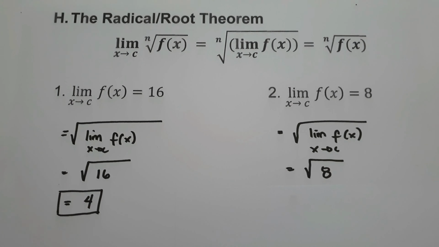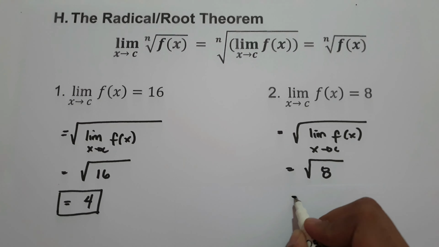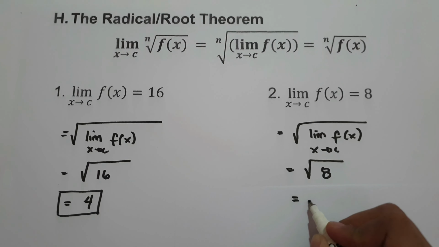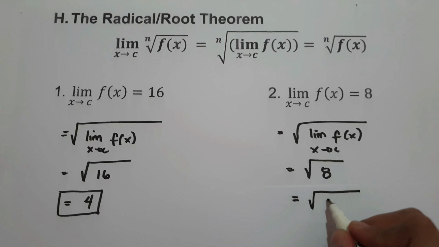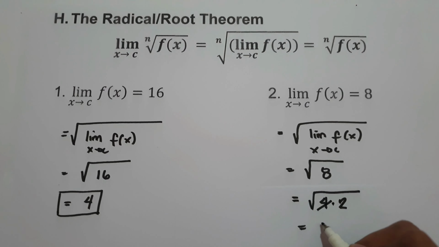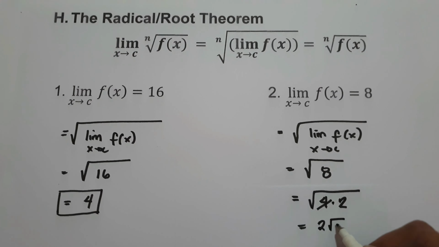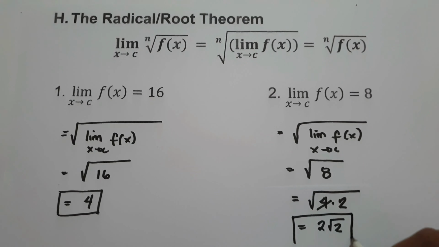Since 8 is not a perfect square, we are going to find the factors of 8. Which one of the factors is a perfect square? That is 4 and 2. The square root of 4 is 2. So we are going to have 2 square root of 2. And this will be our answer. So that is the radical or root theorem.